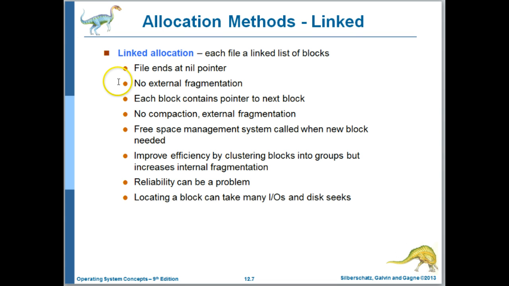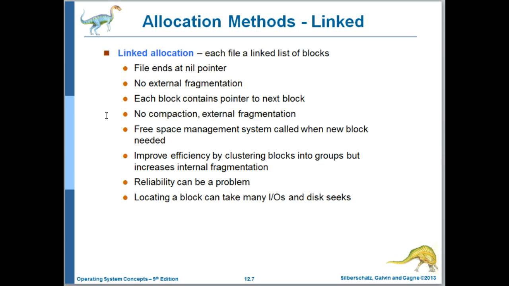So that means no external fragmentation, and we won't have to perform compaction due to not being able to find a large enough contiguous space for a file, because we don't need contiguous space.